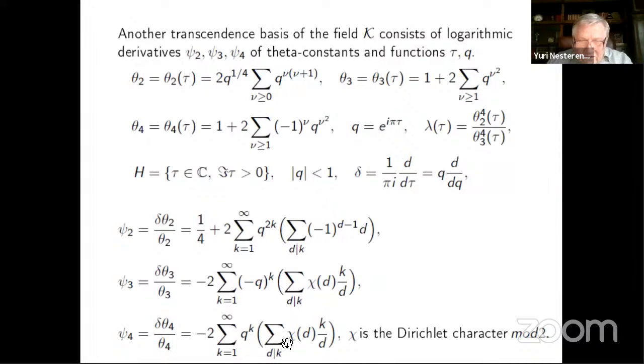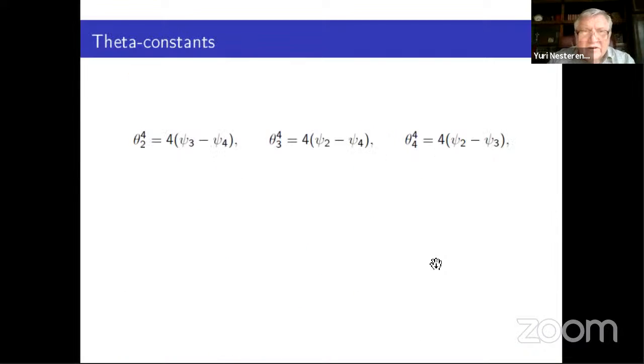So these are integer numbers, and in this case there is linear growth, so they grow not very fast, even in comparison with Ramanujan series. There are many identities connecting all theta functions and modular functions with these logarithmic derivatives psi 2, psi 3, and psi 4.